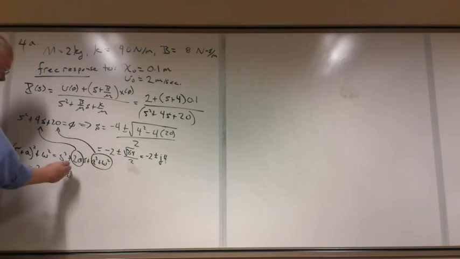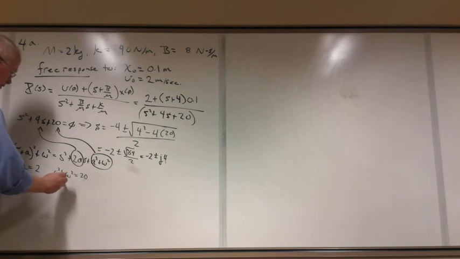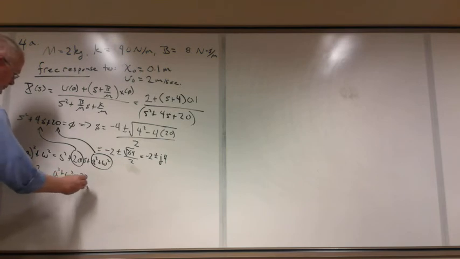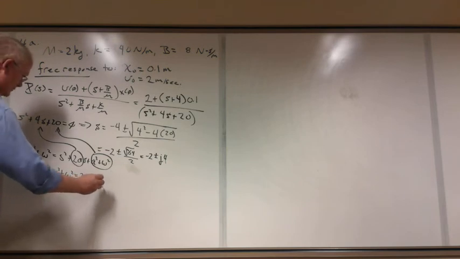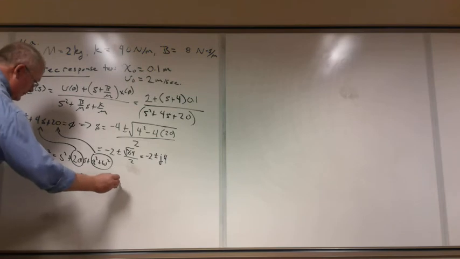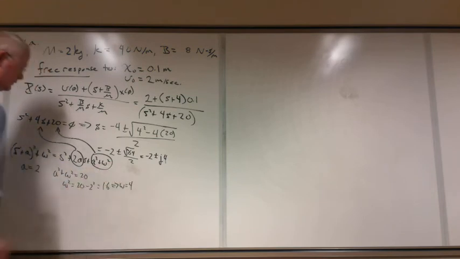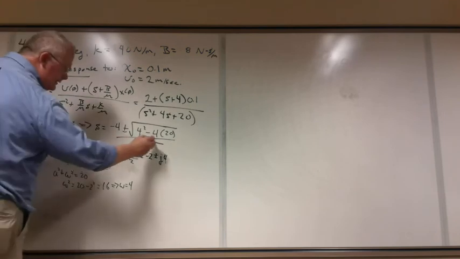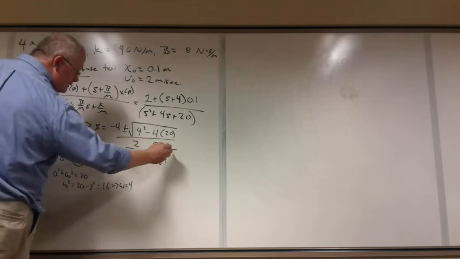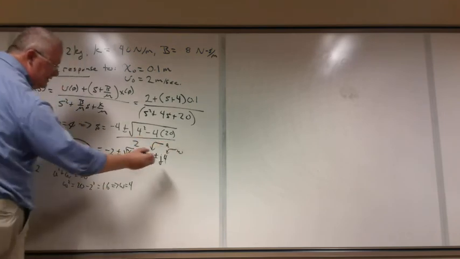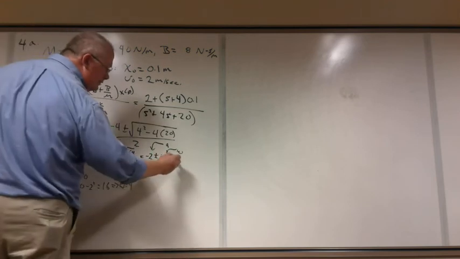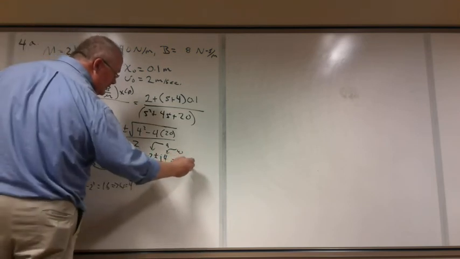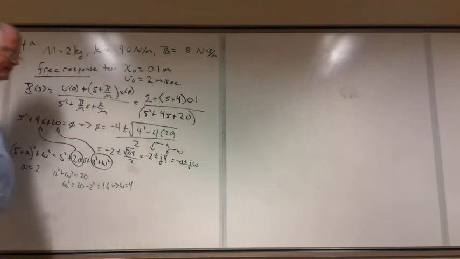So omega squared is equal to 20 minus 2 squared, which is 16. Therefore, omega is equal to 4. What do you know, what an amazing coincidence. So really the roots are going to be equal to minus a plus or minus j omega. That's the way that it works.